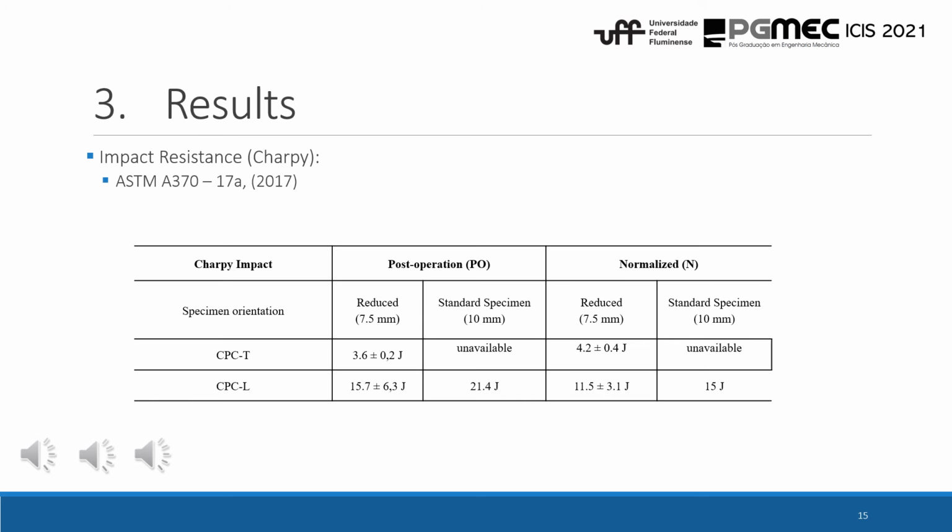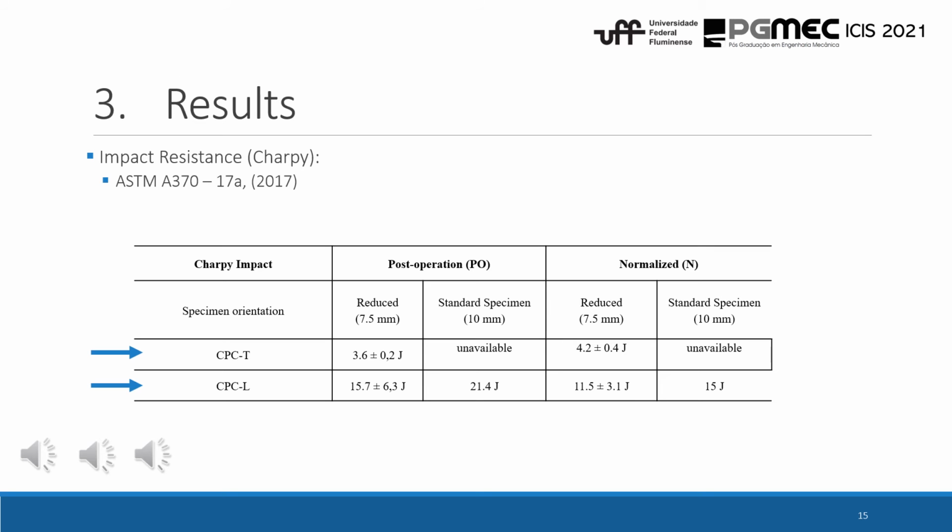Since our material has high values of hardness, it was expected to obtain low values for the impact resistance. We can see here that both directions, longitudinal and transversal, have low values of impact resistance, but in the transversal direction the values are so low that it was impossible to convert to the values of our standard specimen.